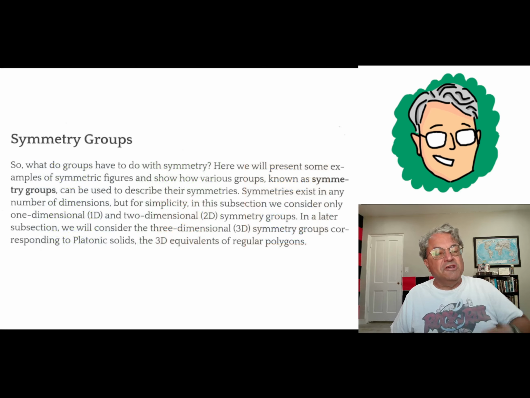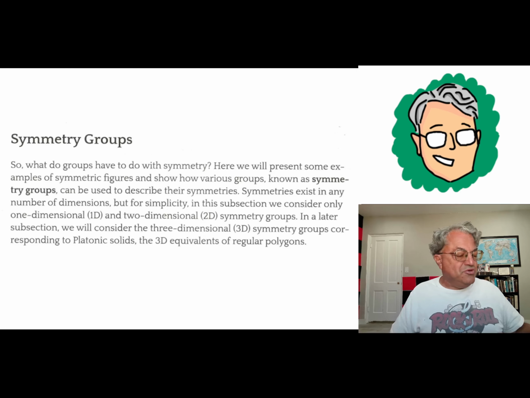So, like I said, I'm starting a new subsection. I might as well introduce this one first, symmetry groups. So group theory is really about symmetry. I mean, sometimes it doesn't seem like it's about symmetry because there's a lot of abstract groups that a lot of people study, both mathematicians and scientists.